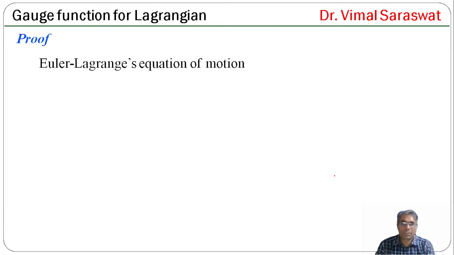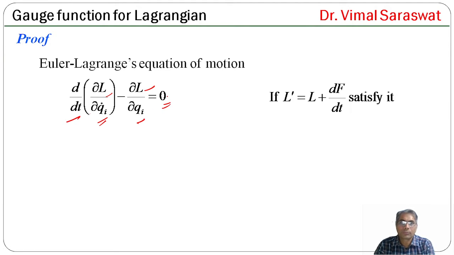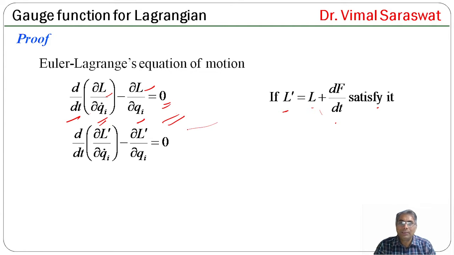The Euler-Lagrange equation of motion is d by dt of del L upon del q_i dot minus del L upon del q_i equals 0. If L dash, that is L plus df by dt, satisfies this equation, then this L is replaced by L dash.